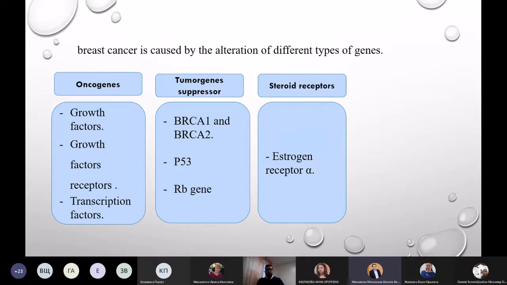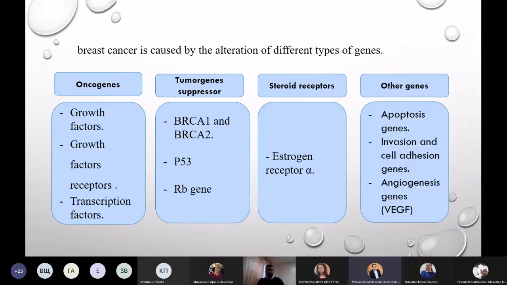We found also that the RB protein is involved in hereditary breast cancer because it regulates BRCA1 and 2. The steroid receptors such as ER alpha are also involved. In addition, several other genes are involved in breast cancer, such as apoptosis genes, invasion and cell adhesion genes, and oncogenesis genes, but with a lower penetrance.